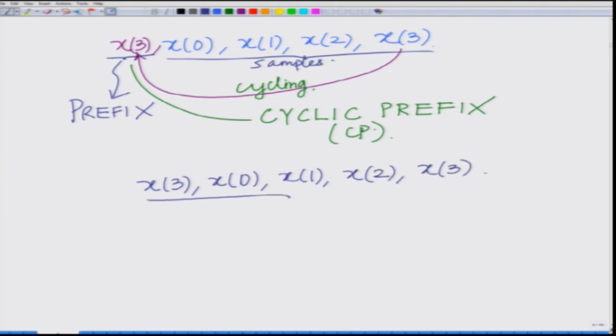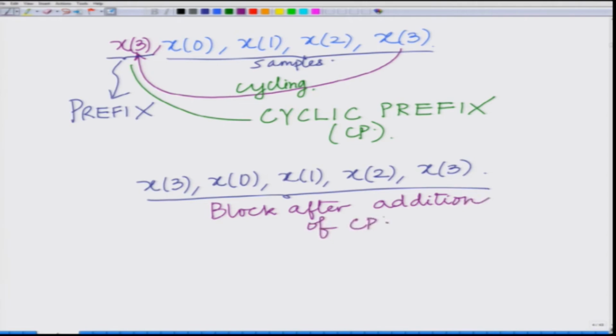So, this is your block after addition of the cyclic prefix, and this is then transmitted over the channel.